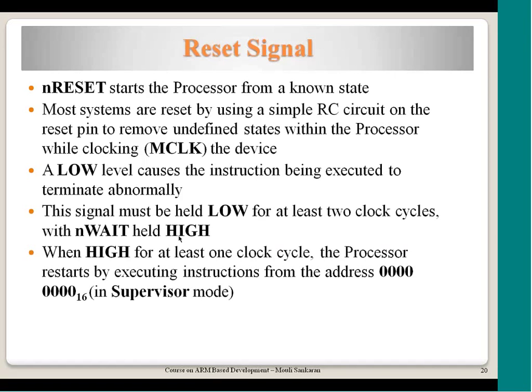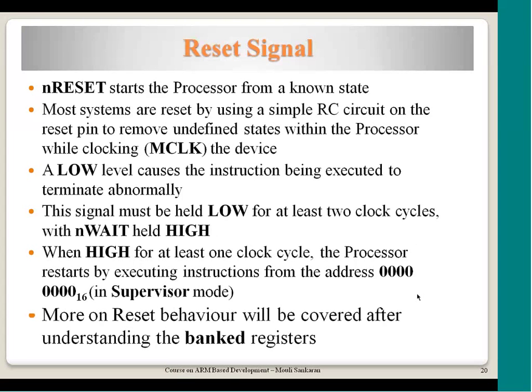As I told you, N wait should be high for the N clock signal to be used right away. Otherwise, if you hold N wait low, then the clock is held low, and you have that stretching of the signal. The clock is slowed down because of that. Now, the supervisor mode.